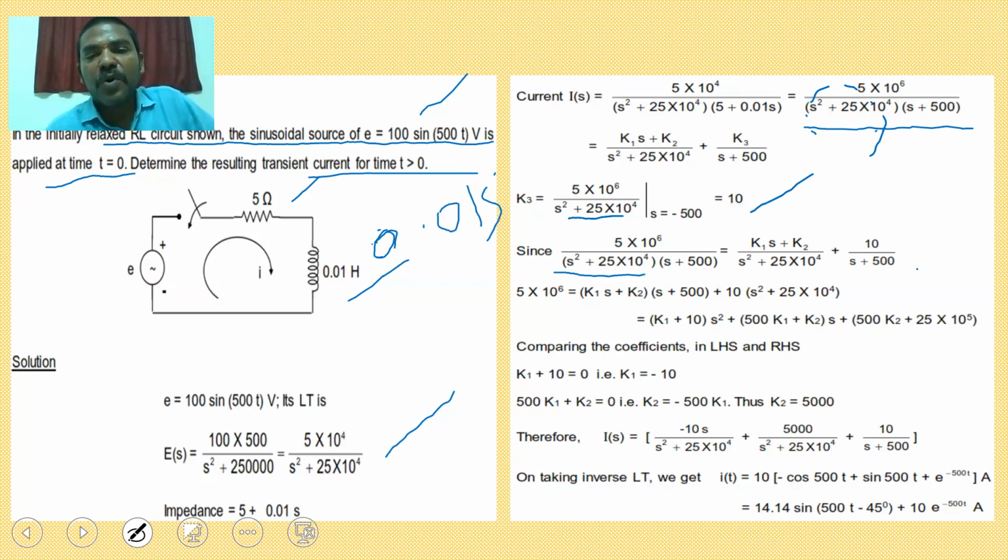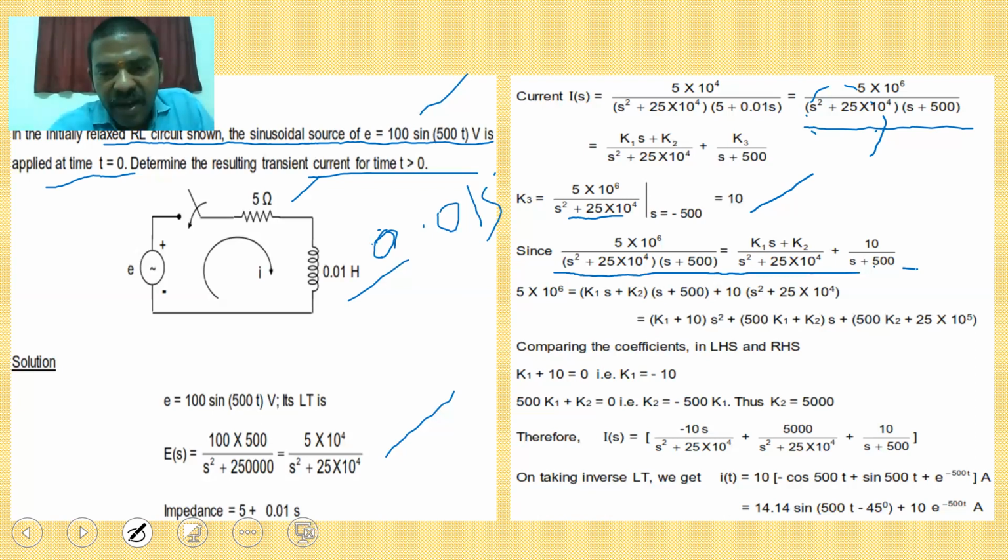5 into 10 power 6 divided by s square plus 25 into 10 power 4 into s plus 500 is equal to k1s plus k2 divided by s square plus 25 into 10 power 4, plus 10 by s plus 500. Now we have to go for the multiplication and compare the LHS and RHS.